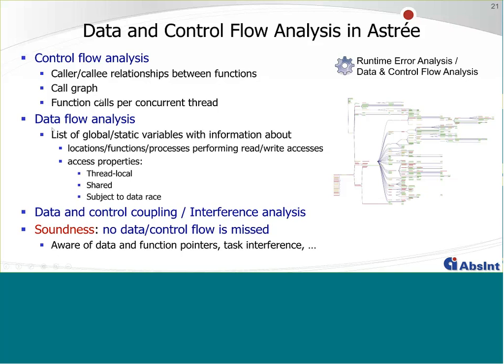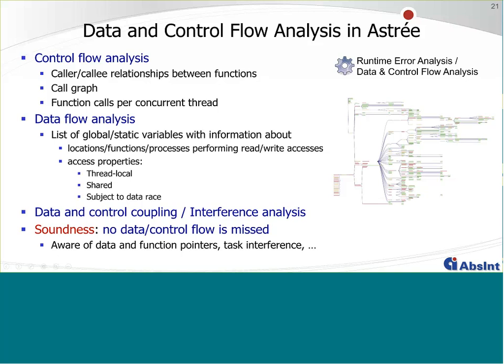Data flow analysis means you have a list of global or static variables with the interactions, who is writing on them in terms of locations, statements, functions, processes, and what the access properties are, whether it's a thread local access, a shared access, or whether you even have a data race on it. So those are the elements of a data and control coupling analysis you would need for aerospace, or interference analysis.